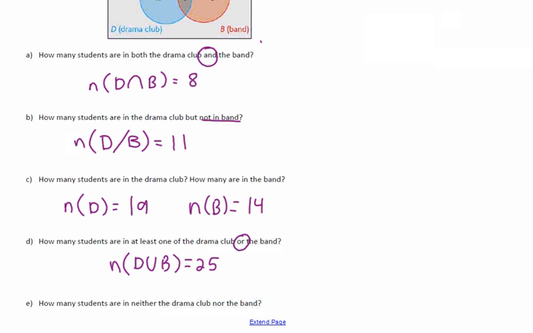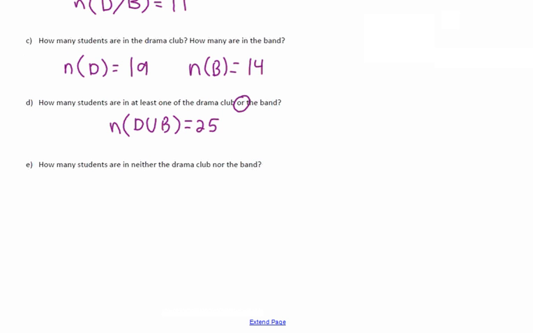Can we now figure out how many are in neither drama nor band? How do we get that? What does 38 represent? The number in what set? U, and then we're going to subtract the number that is in, what are we subtracting?